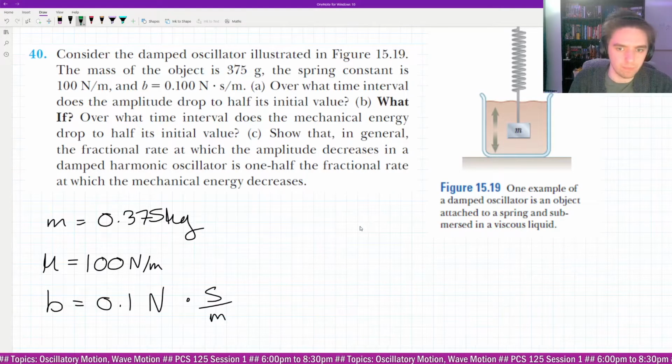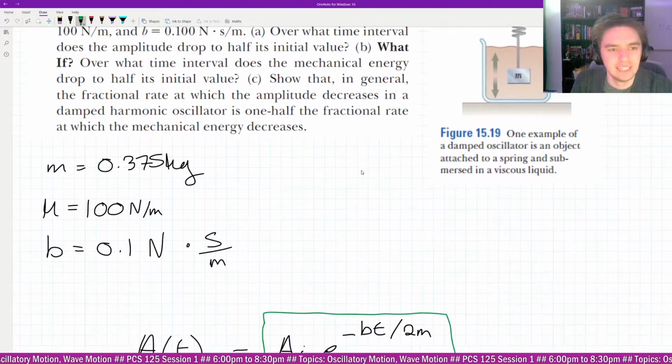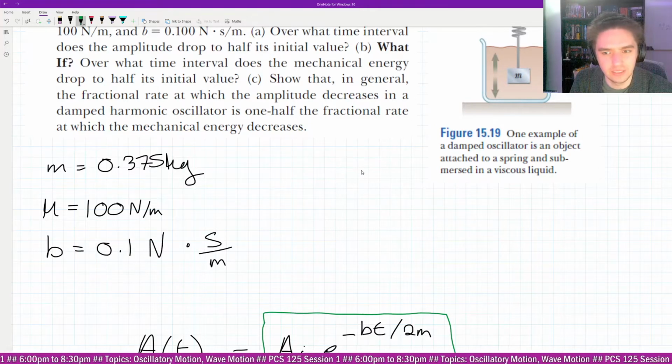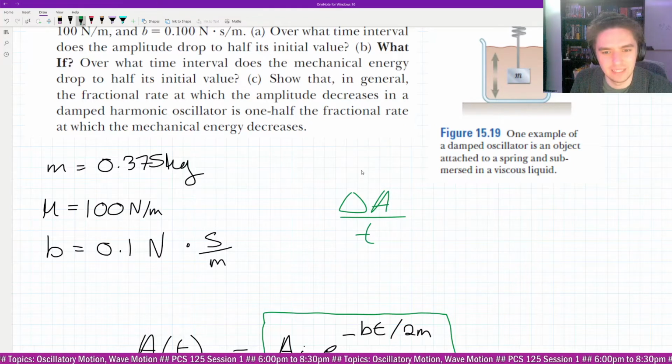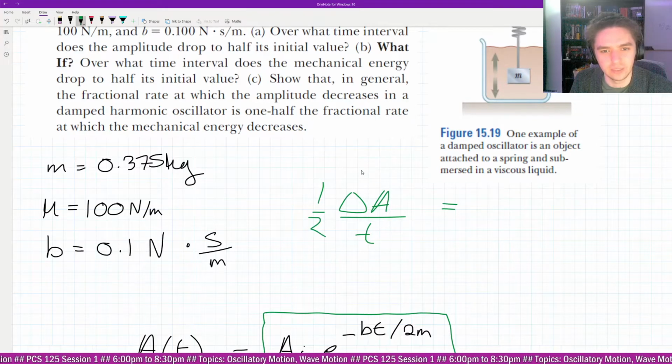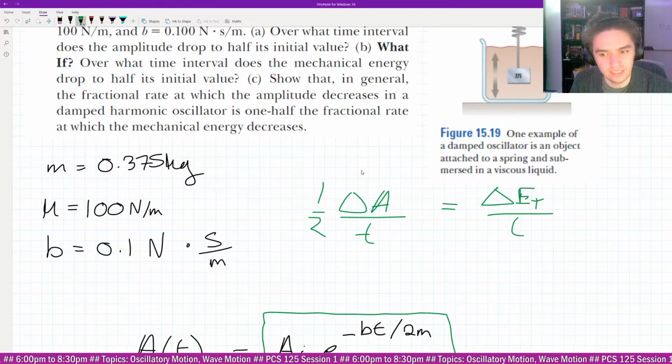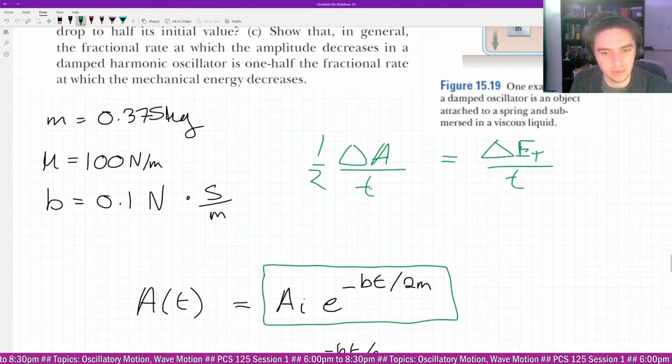So we want to show that the fractional rate, the decrease per time in the amplitude, delta A per time, divided by 2, equals delta E total over T. Is that what I'm showing?